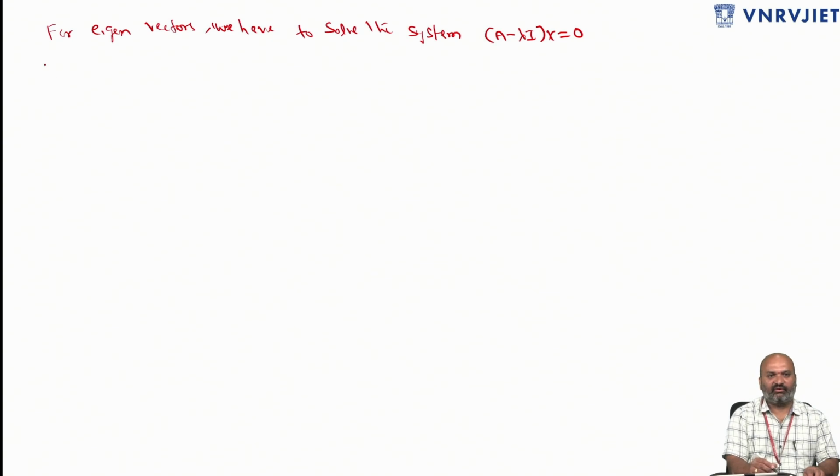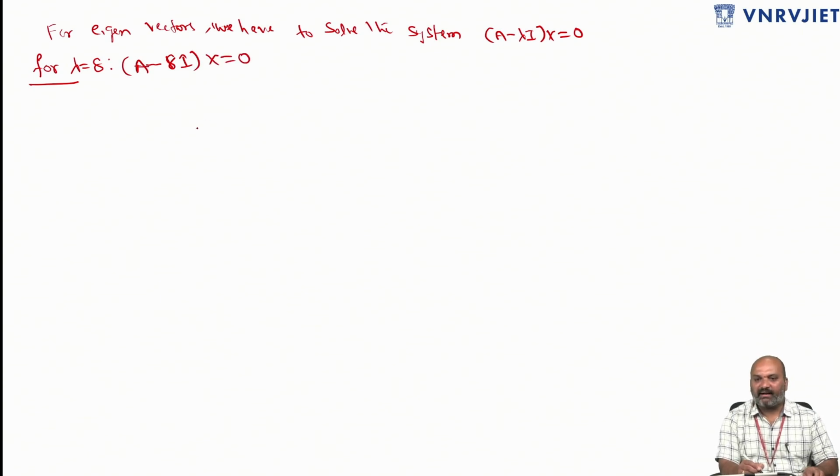First, let's substitute lambda equals 8. If you put lambda equals 8, what do we get? It is A minus 8I into x equals O. That means subtracting 8 from the principal diagonal elements of the matrix A.